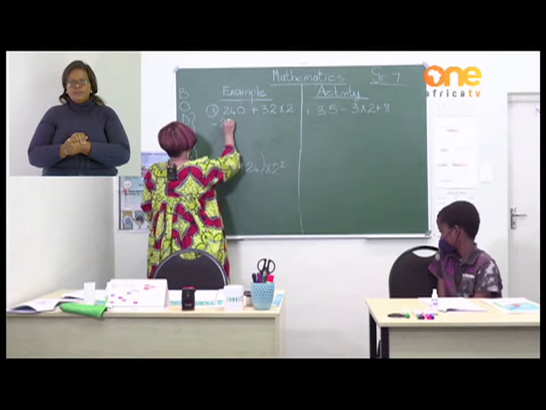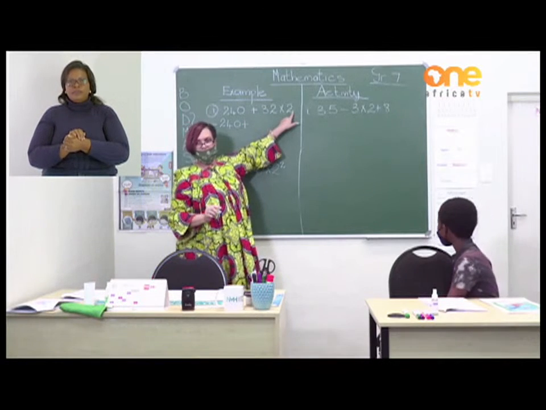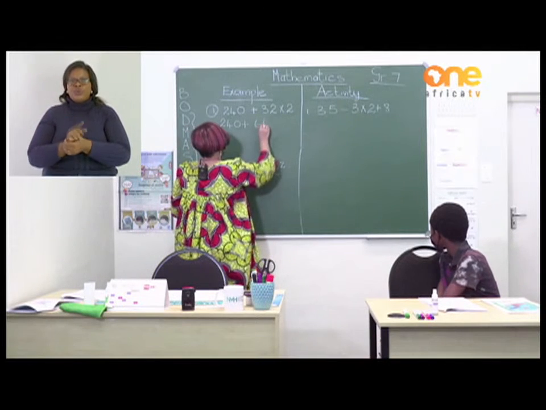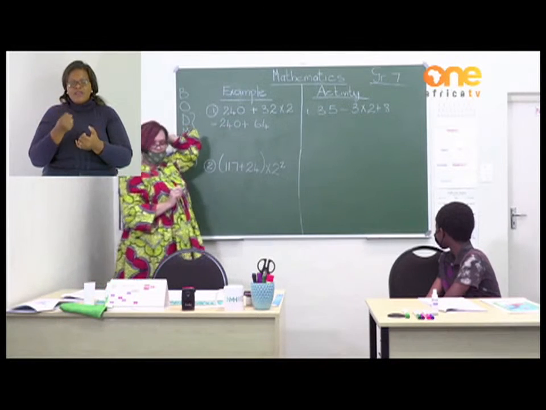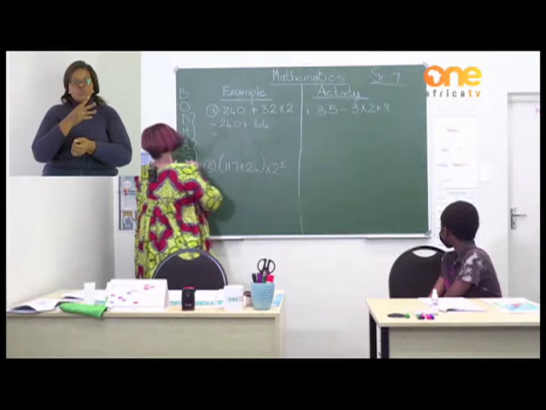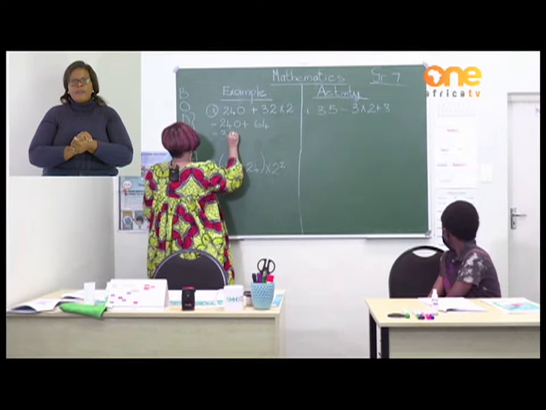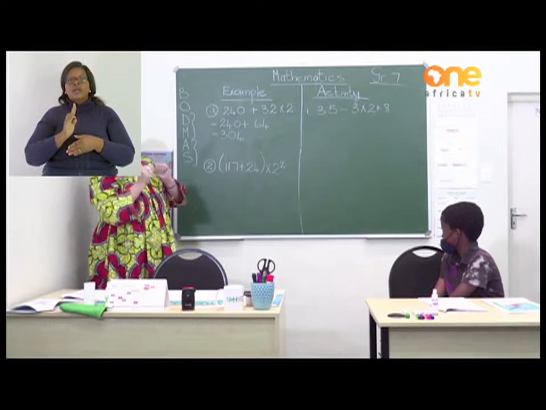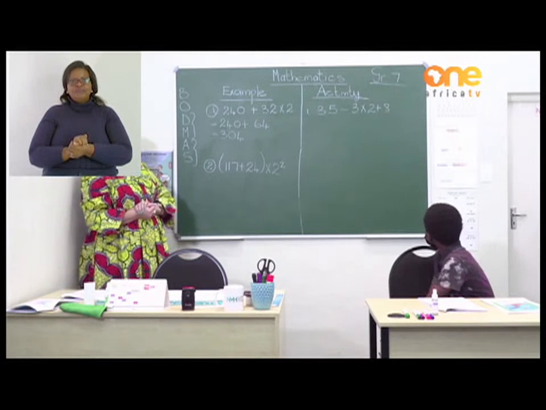So let's bring down what we have there, plus I find the answer to my multiplication sum, and that is 64. I only have one operation left, so I will do that operation. 240 plus 64 will give me 304. I hope you found the answer before me. Thank you.